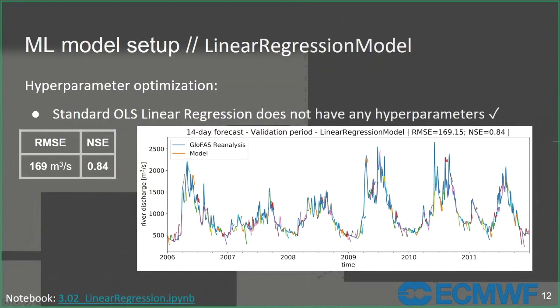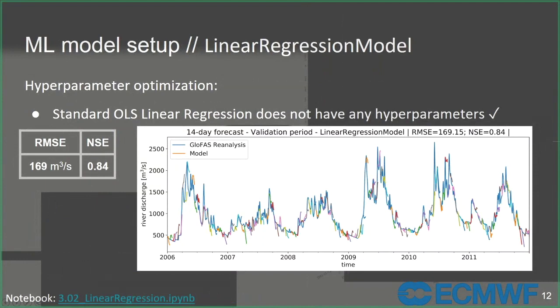You can clearly see that, for example, when you look at this peak, the green line there, the development of the change in discharge was captured quite nicely. But you can also see, for example here, where the model predicts a very strong downfall, which was not observed at all. So this is definitely not perfect.